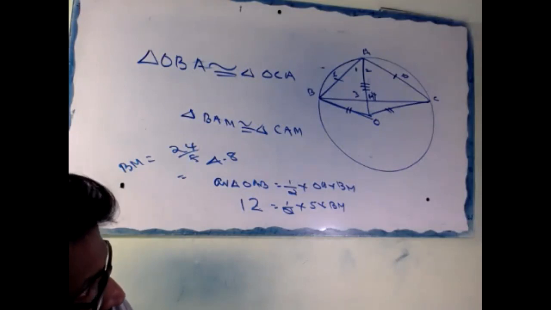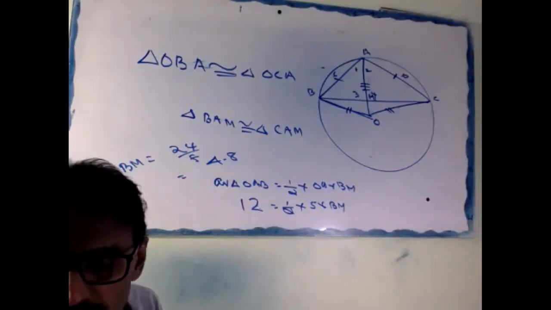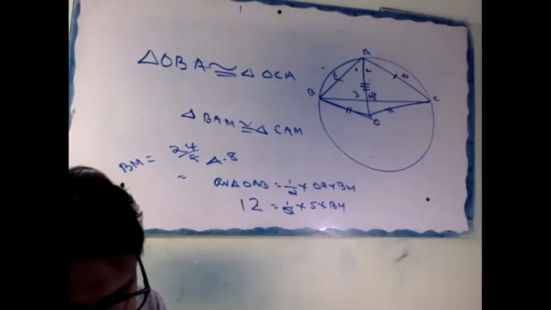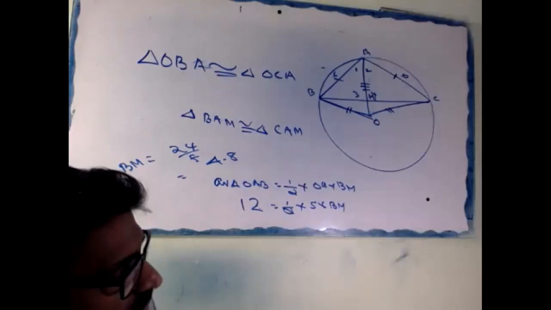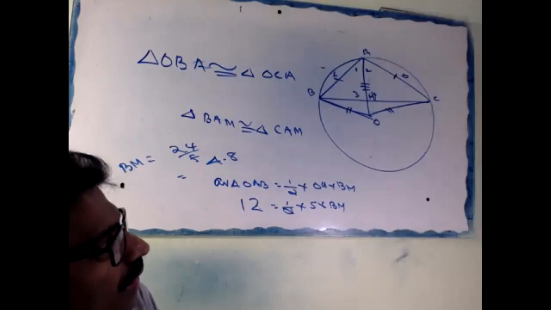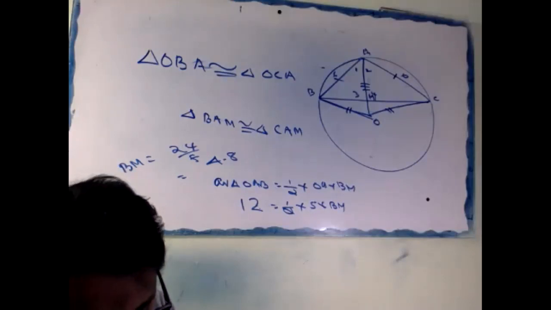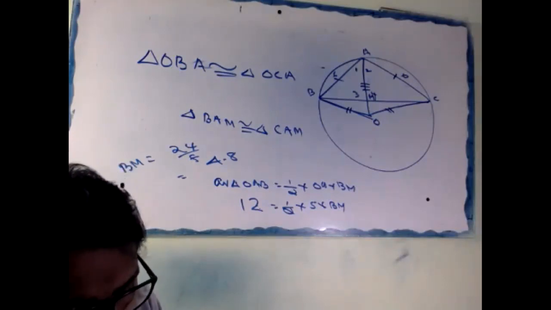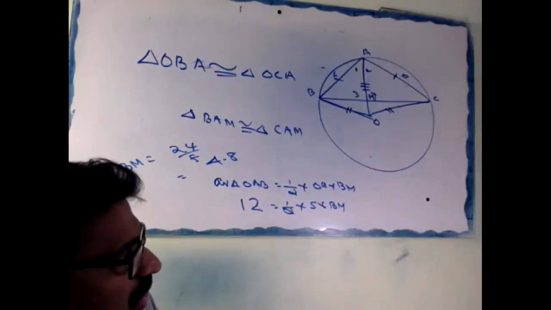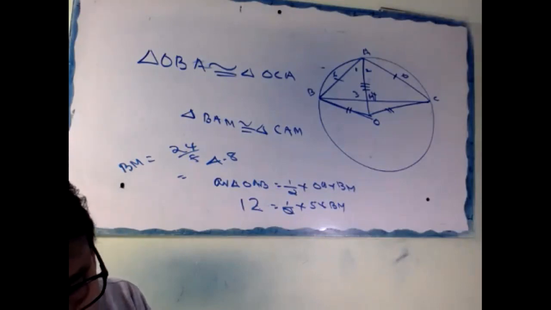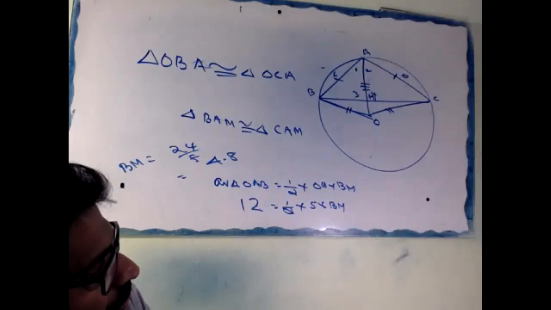Okay, listen, this question has 3 parts. Part 1, look at here. You have to show triangle OBA and OCA are congruent. Congruency is studied already. So how do you prove?